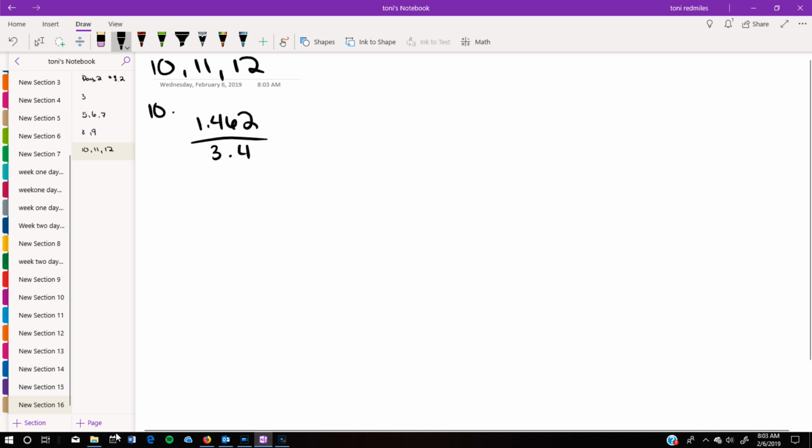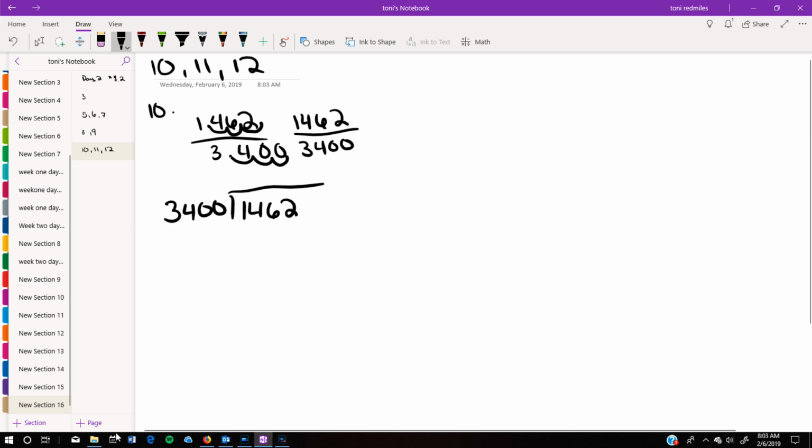But first I got to get rid of the decimal. So this one has the most decimal places, so I'm going to move it. And it's going to take 3 places for me to make it a whole number. Well, that means I got to move this one 3 places. So 1, 2, 3. Got to fill in with zeros. So these are my new numbers. The one on top goes inside of the division hat.